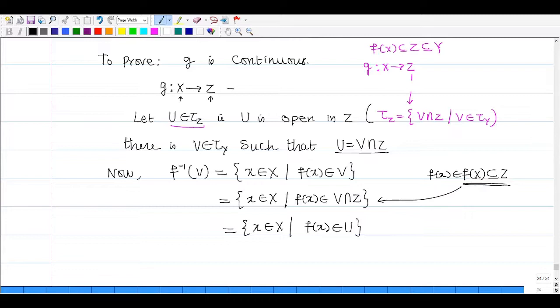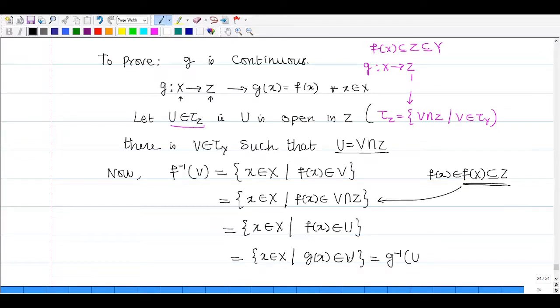This is equal to g of x which is equal to f of x ல எழுதிக்கலாமா? அப்போ this is equal to set of all x belongs to capital X. இப்படி தான் டிஃபைன் பண்ணிருக்கேன். g is a function from X to Z, it is given by g of x equal to f of x for every x belongs to capital X. அப்போ this is such that g of x belongs to U. இது யாரு? g inverse of U. கரெக்ட்டா? This is g inverse of U.